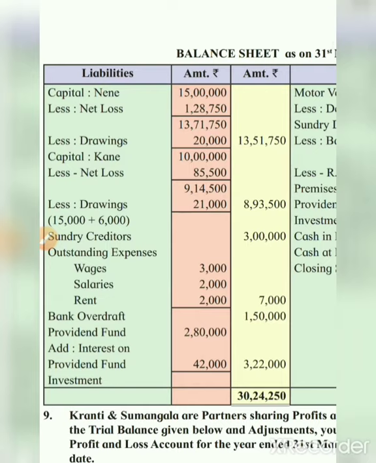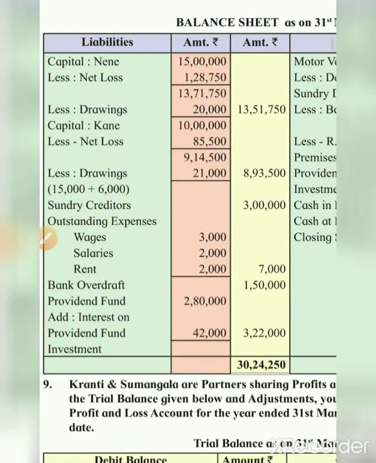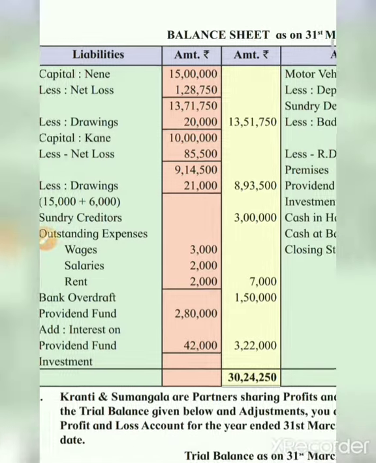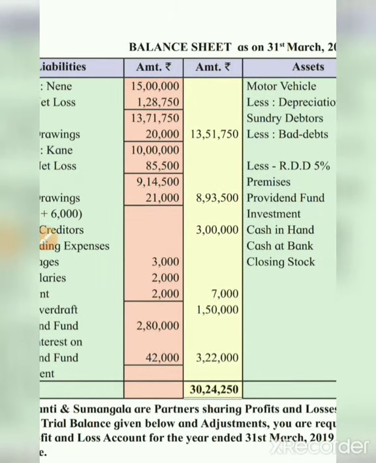Then sundry creditors 3 lakh, outstanding expenses: wages 3,000, salaries 2,000, rent 2,000. In this way, total outstanding expenses are 7,000. Bank overdraft 1,50,000. Provident fund, just now we have seen, we have added the interest on provident fund investment. In this way, the total amount payable to employees is 3,22,000.